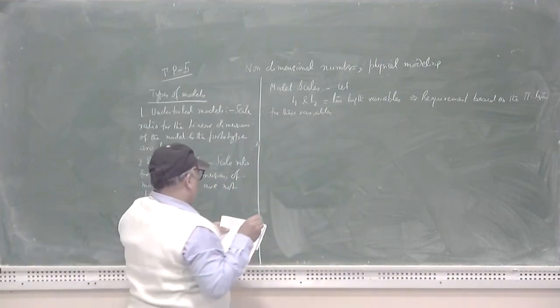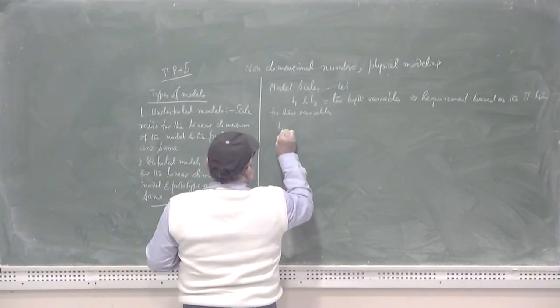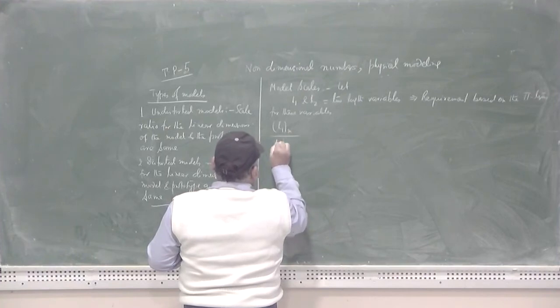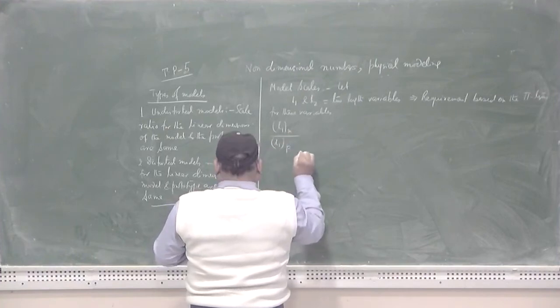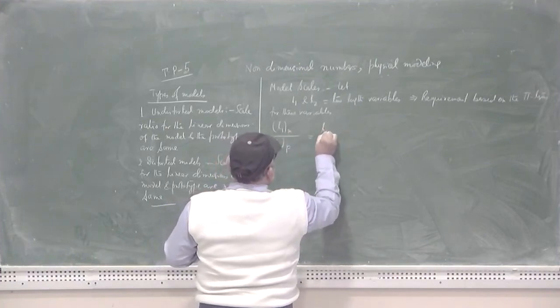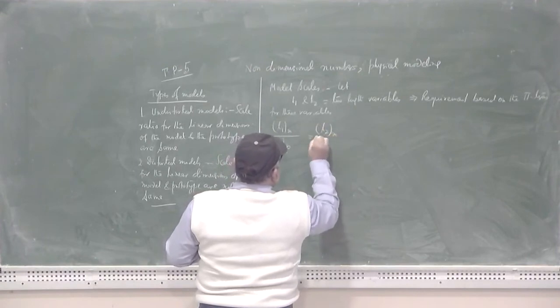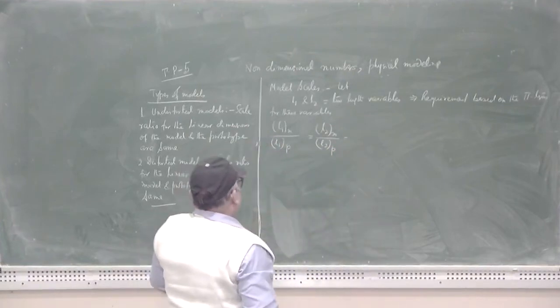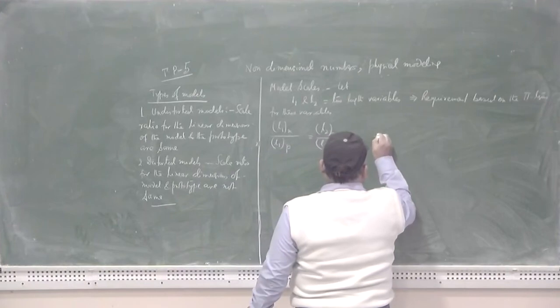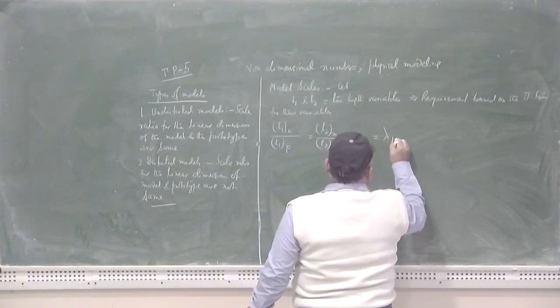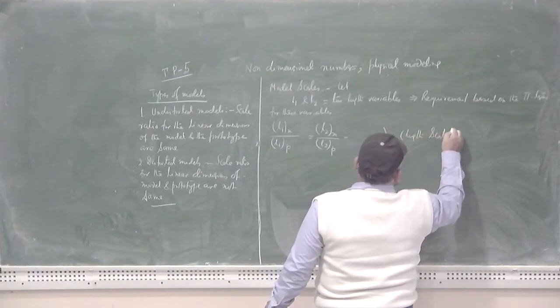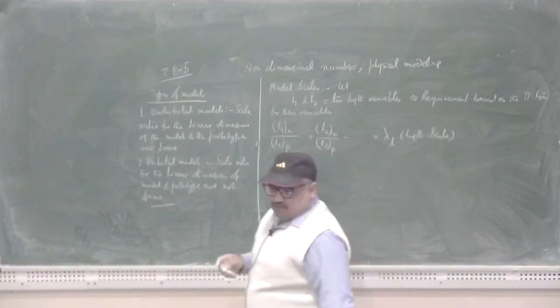The condition should be L1 for the model divided by L1 for the prototype should be equal to L2 for the model divided by L2 for the prototype, and so on. It is called lambda L. This is called the length scale.